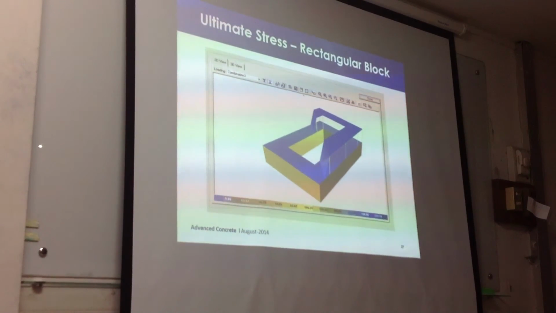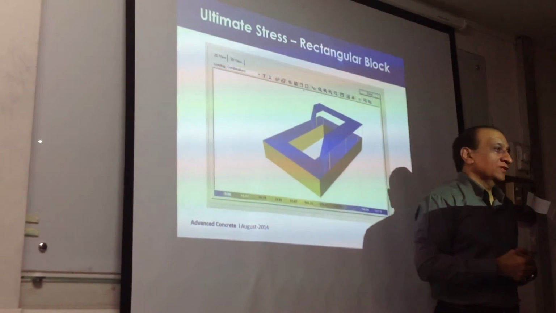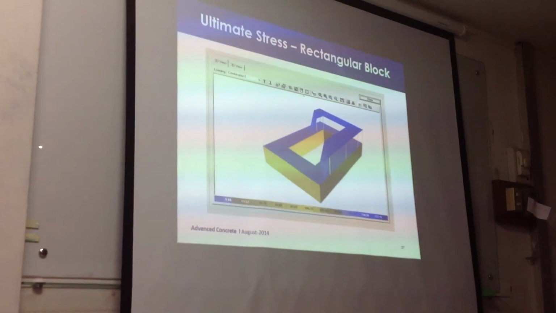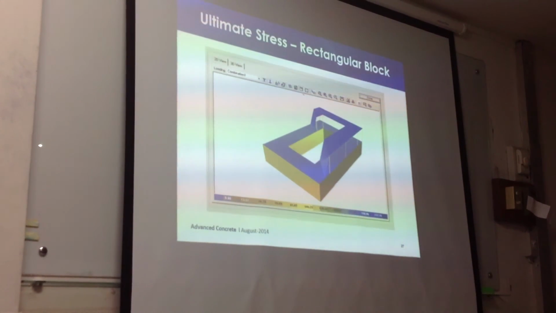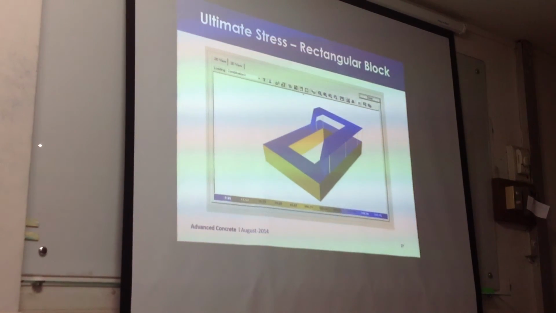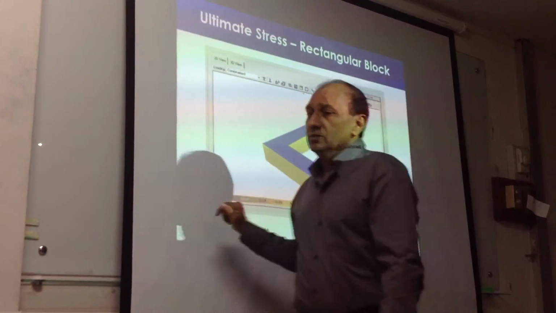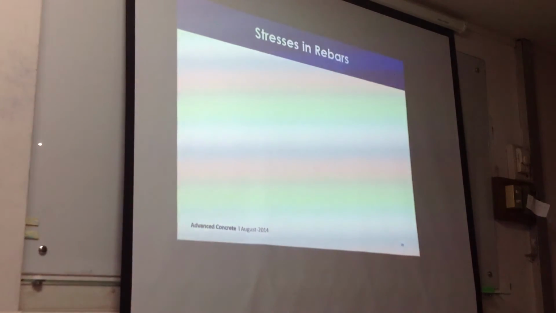But in computers, yes, we can do that, right? In fact, at the end of this course, you will write by yourself a program to calculate the capacity of a general cross section using this fiber concept. You should be able to write a general program, even in Excel, to be able to do this. All right? So we will divide it step by step. So that's how the stress will work.